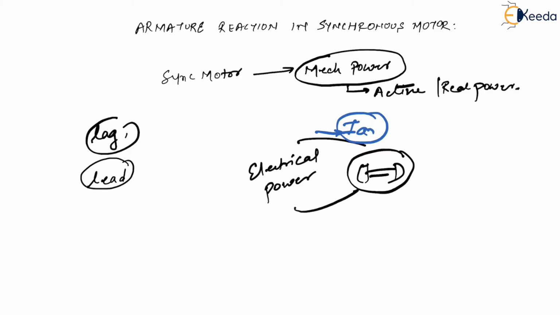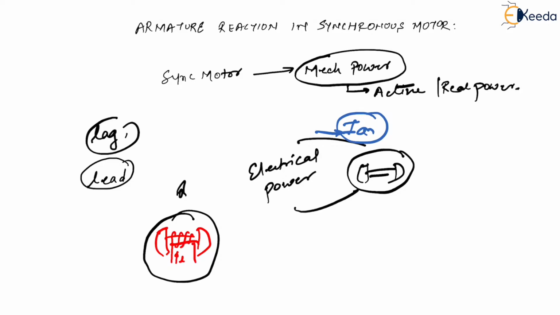Now you have field current. We know that when you think of the stator, and here we will be having the rotor, on this rotor there will definitely be field windings. Through this there will be IF, the field current, flowing through it. Because of this field, it will produce some flux.